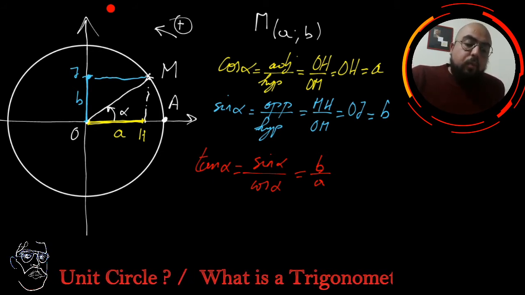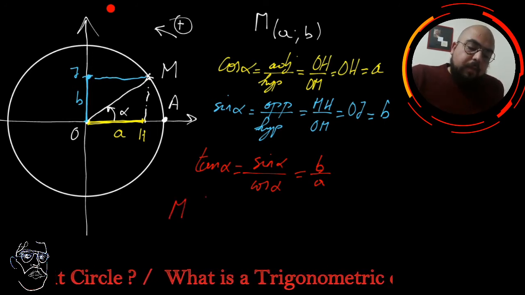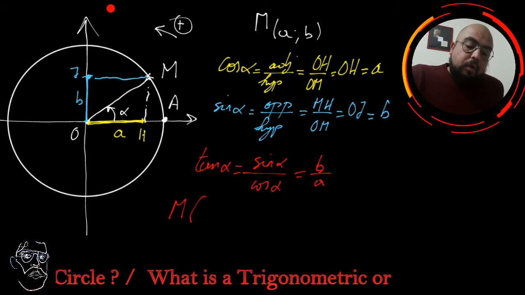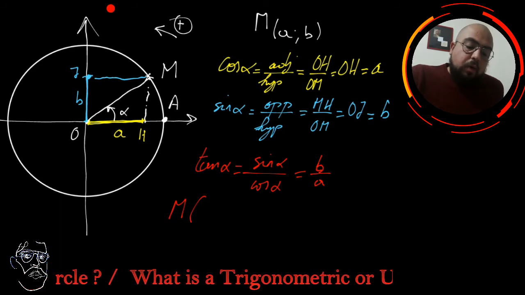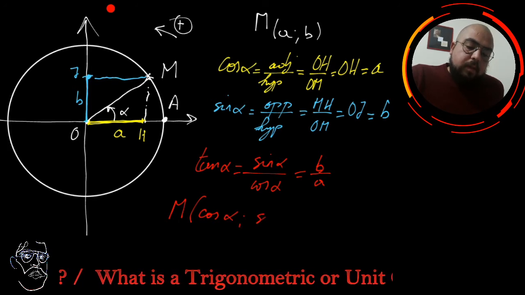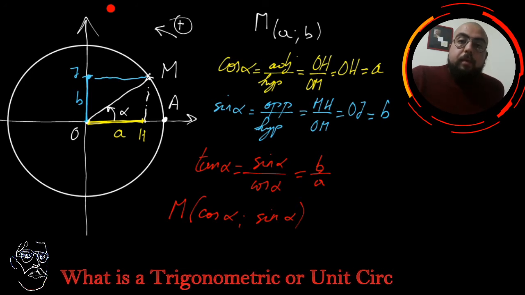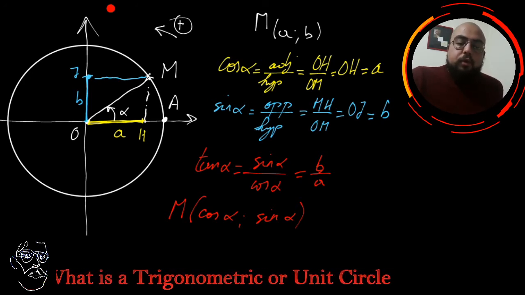So your point M, which had the coordinates A and B, we can say it has the coordinates cosine alpha and sine alpha. It will be defined by these trigonometric functions.